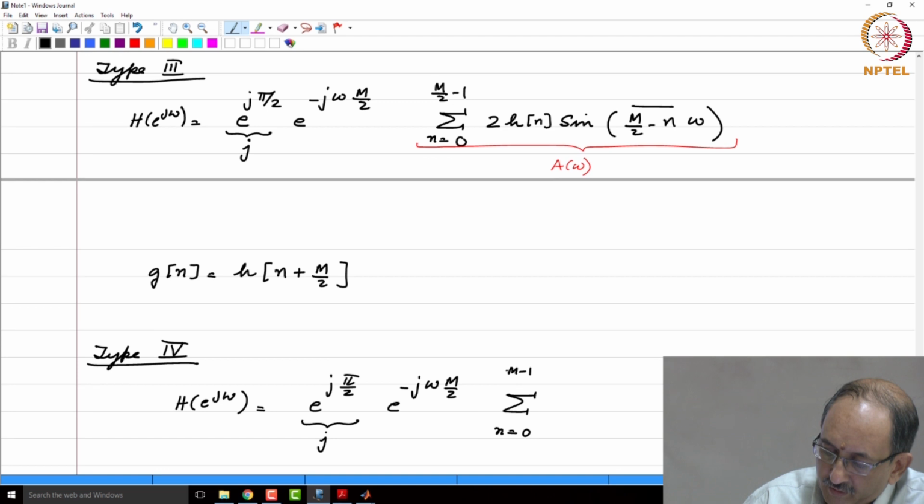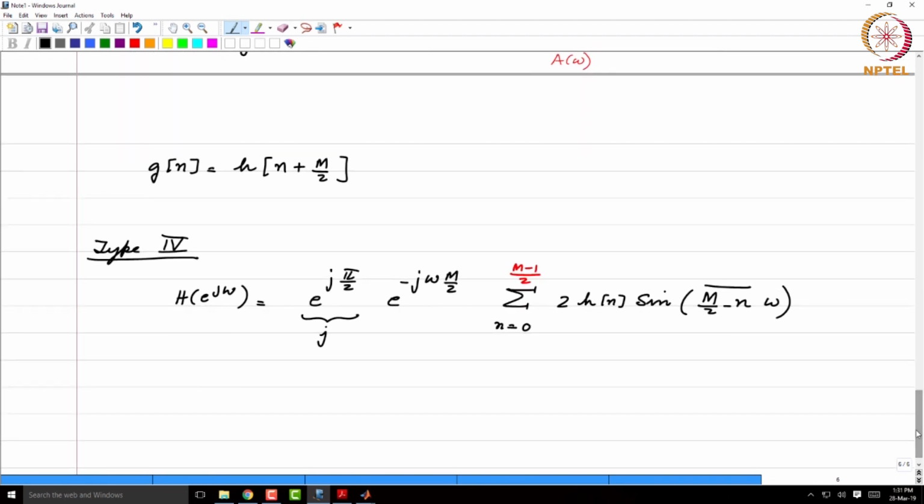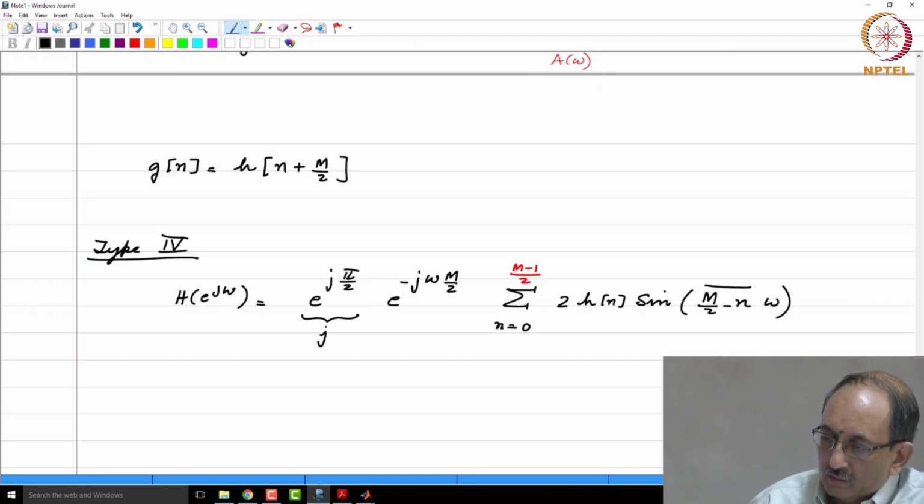So, this is once again the sum to m minus 1 by 2, 2 times h of n, again it has to be sine, m by 2 minus n times omega. So, these are the frequency response expressions for the 4 types of linear phase filters.